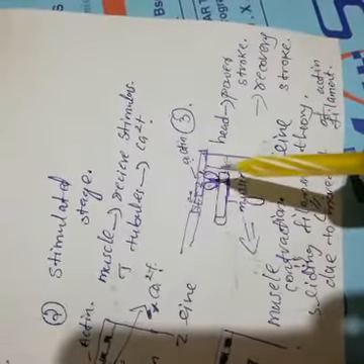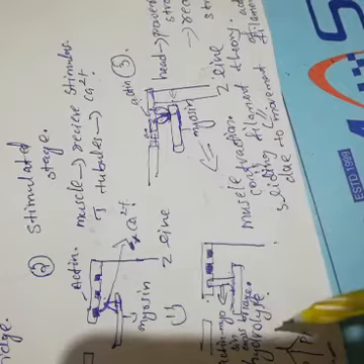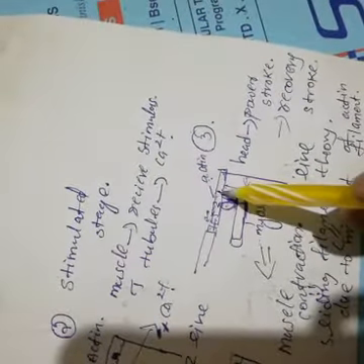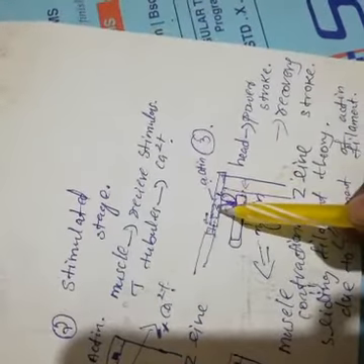Then in the next stage the myosin head is attached with the actin filament, and due to the energy released during ATP hydrolysis, the myosin head rotates from first position to second position. This rotation is called power stroke, and it takes place in the head part of myosin.